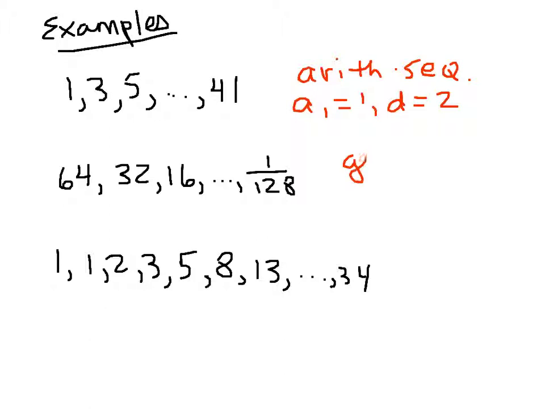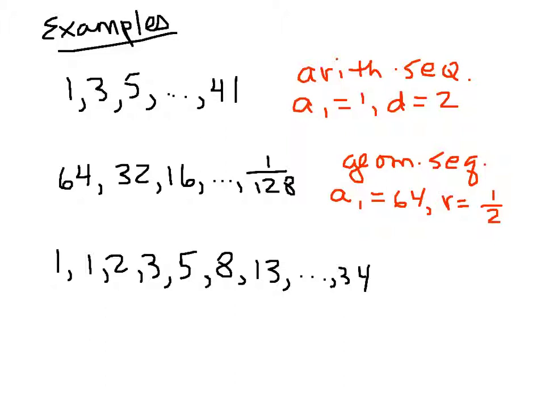This is a geometric sequence, and each term is obtained from the previous term by multiplying by a fixed number, sometimes called the common ratio. And I'm sure that you've seen this stuff before. So the first term here is 64, and the common ratio in this case is a half.